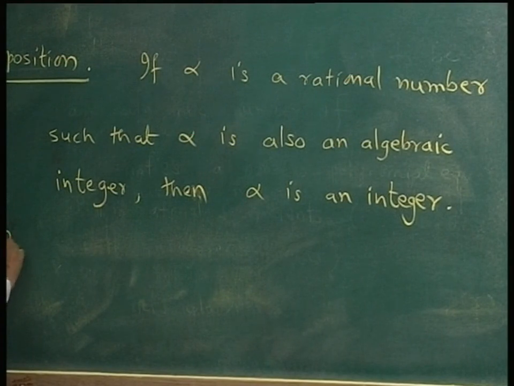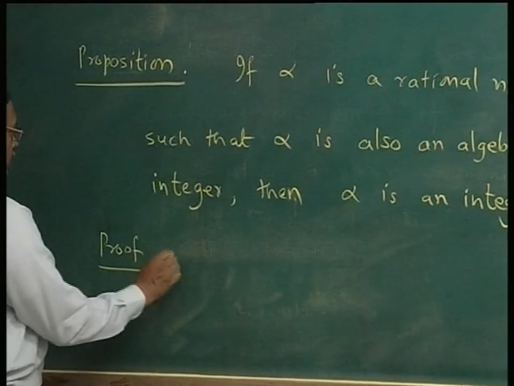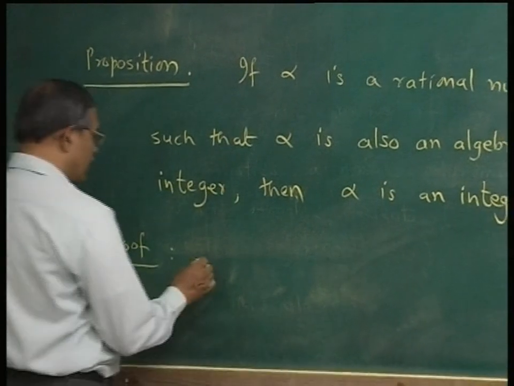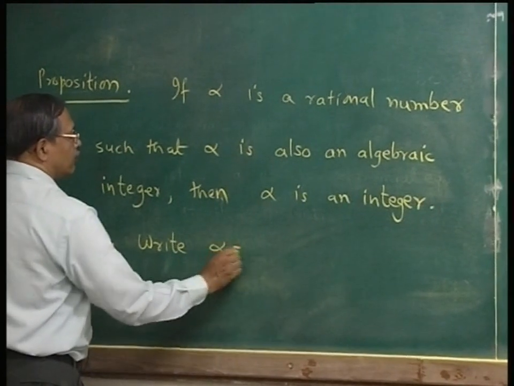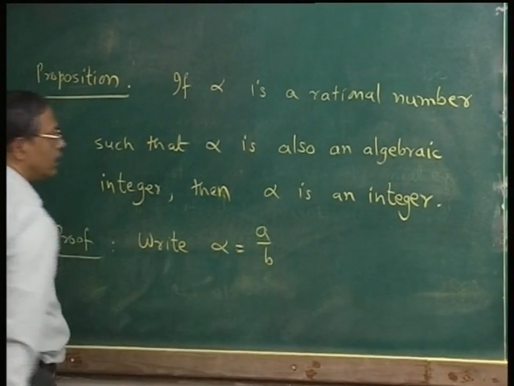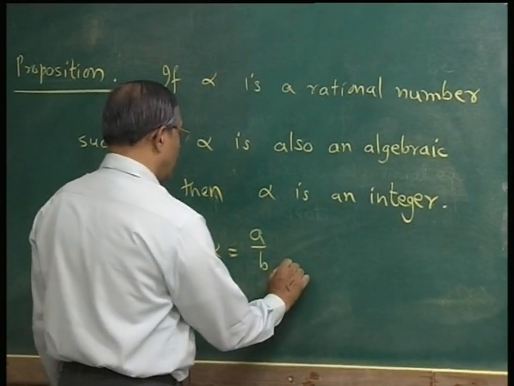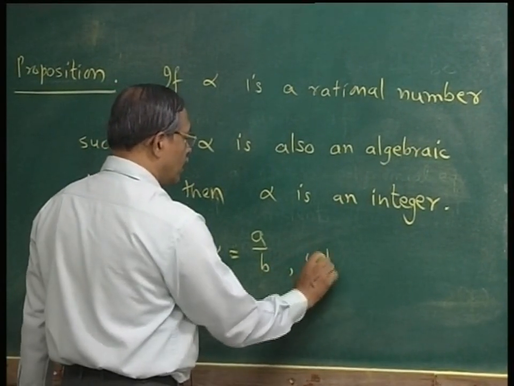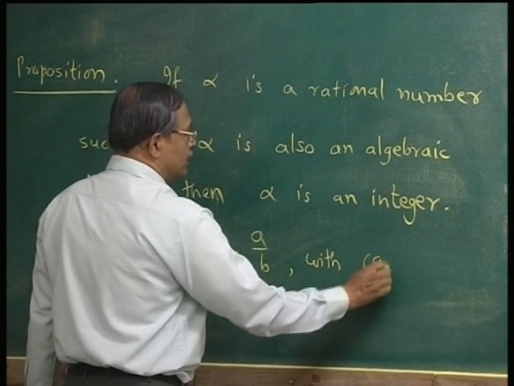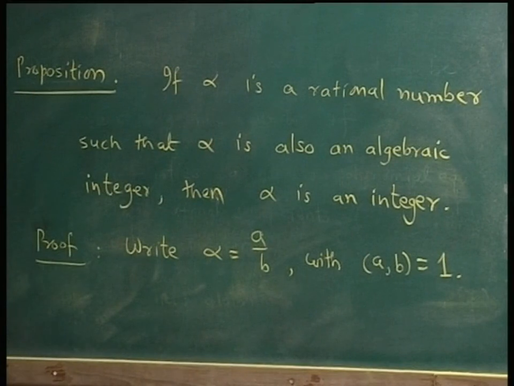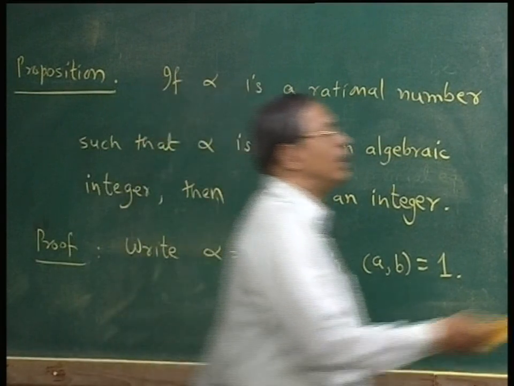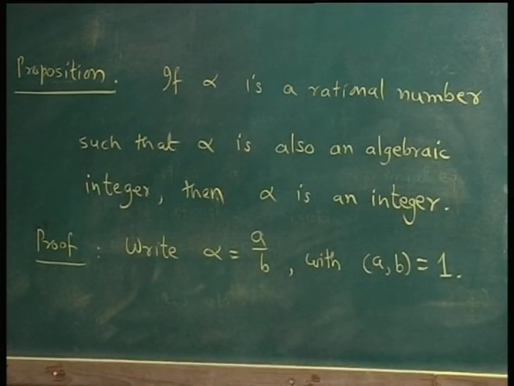To prove this, write alpha equal to A upon B with GCD of A, B equal to 1. So A and B are integers and their GCD is 1.